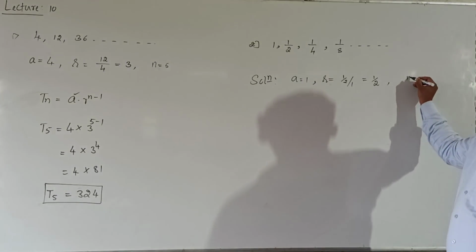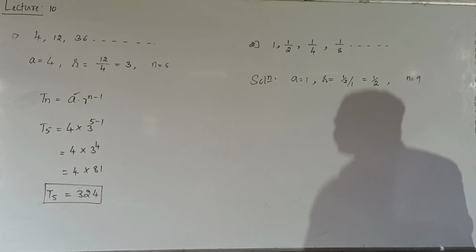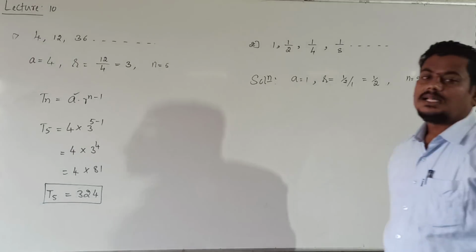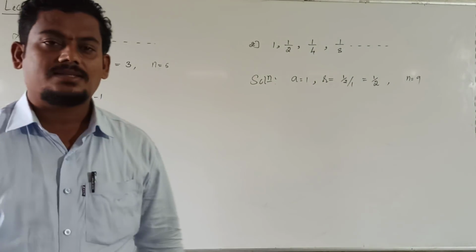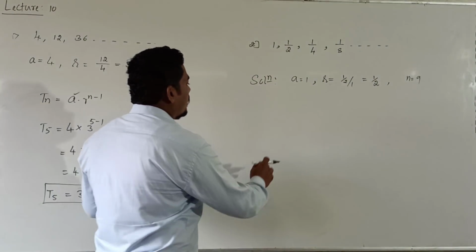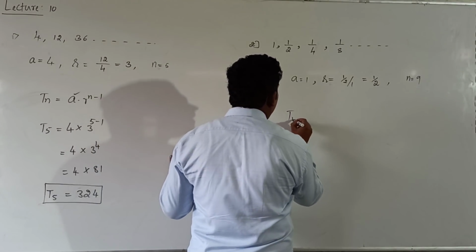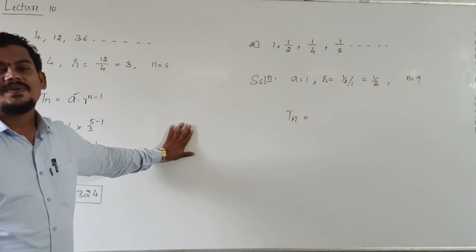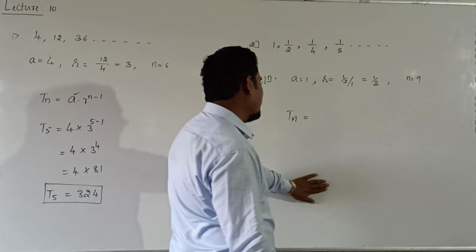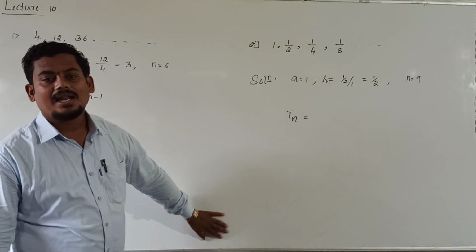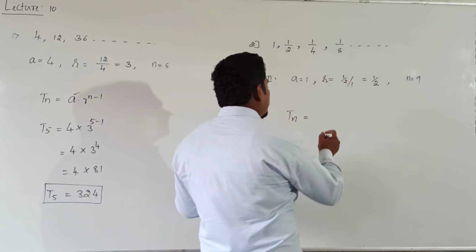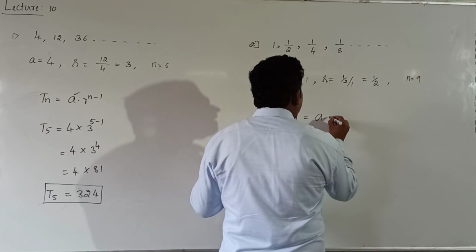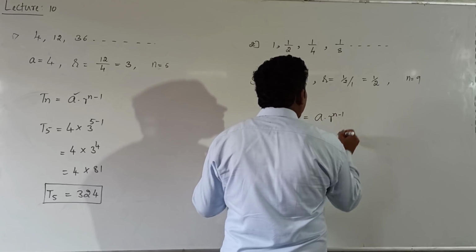In this case, we need to find the ninth term, means take n value 9. Ninth term of this sequence. Apply Tn formula. What is nth term of the GP formula? Nth term Tn or An or L. Tn is equal to A into R power n minus 1.